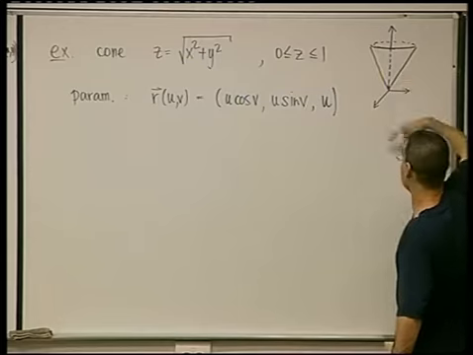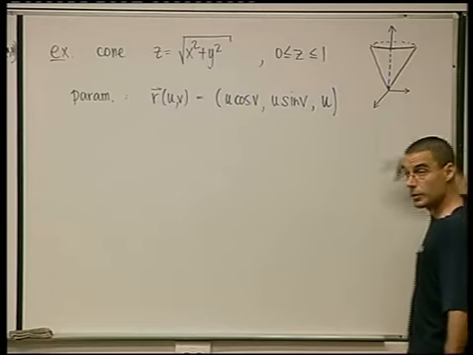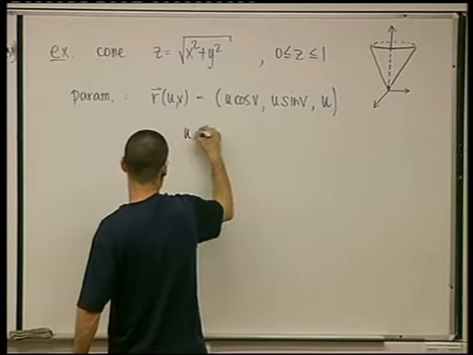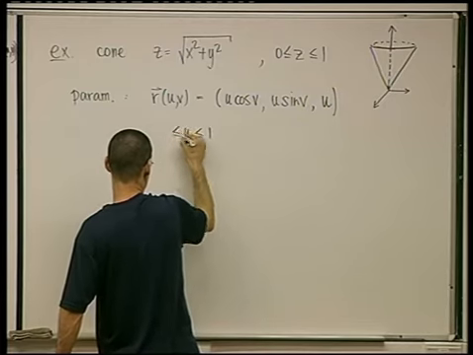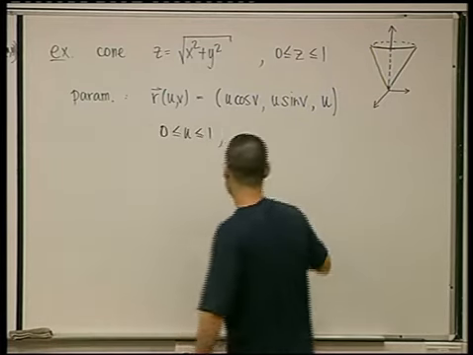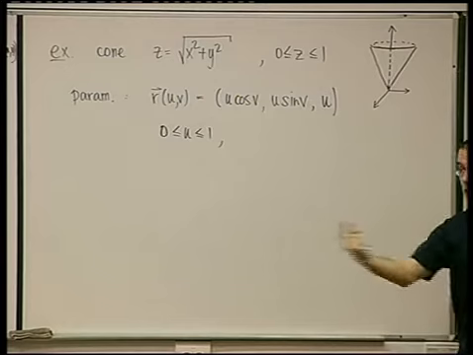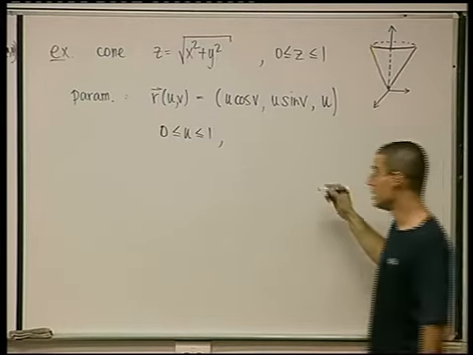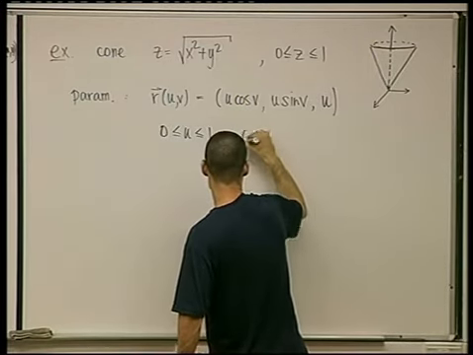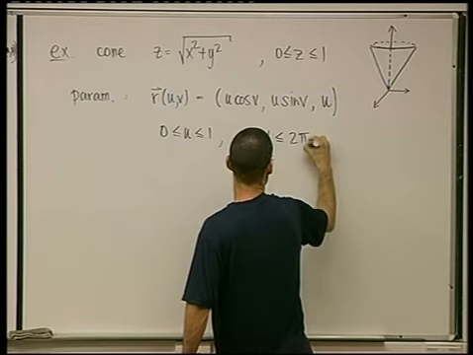The Z is going to be between 0 and 1, so U is going to be between 0 and 1. And the V, which is the angle to the positive x-axis, is going to be between 0 and 2 pi.